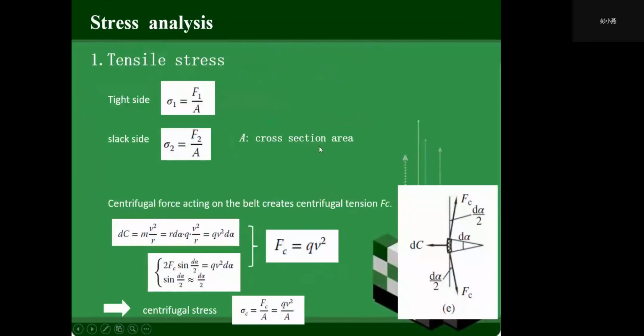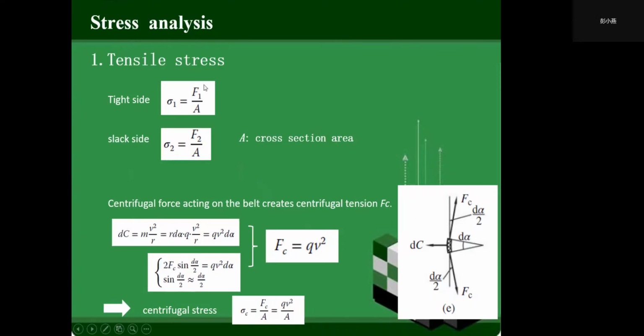When we do stress analysis, we know that the belt is subject to tensile stress, bending stress, and other stress. For tensile stress, for the tight side, the tensile stress is F1.